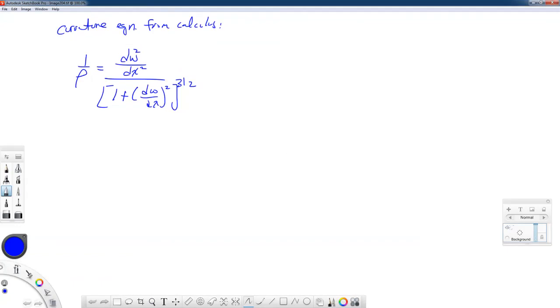Based on our previous assumption that dw by dx is small, much less than 1, when we square it and add 1 and take the 3/2 power, this 1 over the radius of curvature term becomes just the second derivative of that deflection with respect to x.